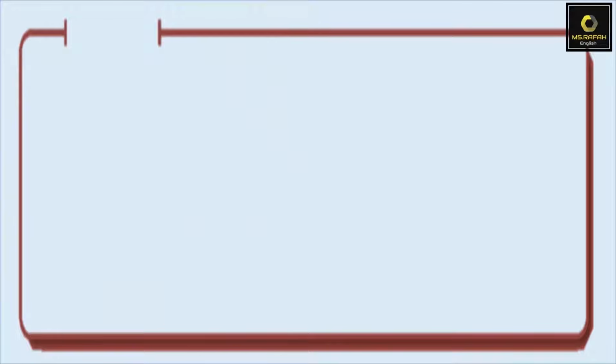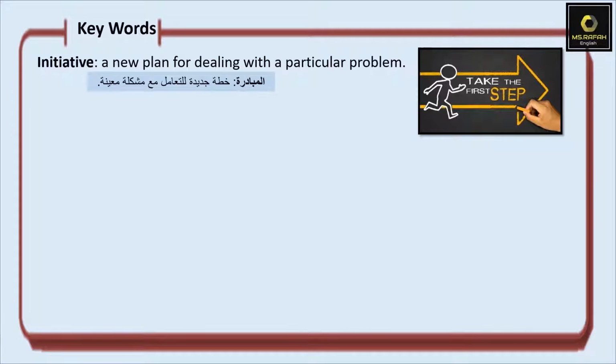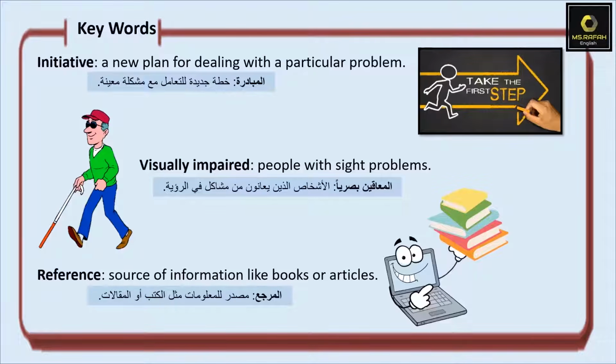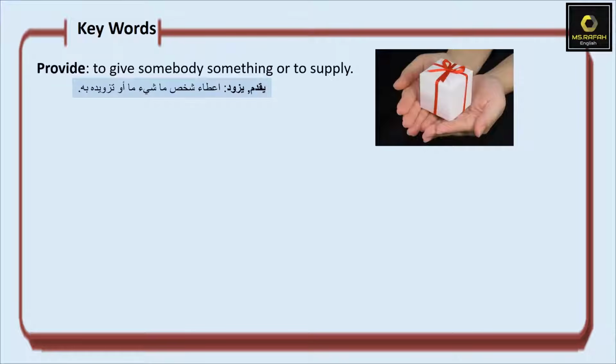Now let's move on to the key words. Initiative, a new plan for dealing with a particular problem. Visually impaired, people with sight problems. Reference, source of information like books or articles. Provide, to give somebody something or to supply.